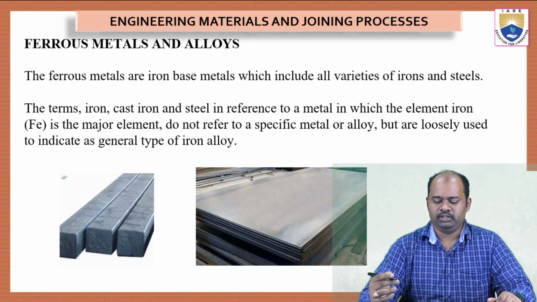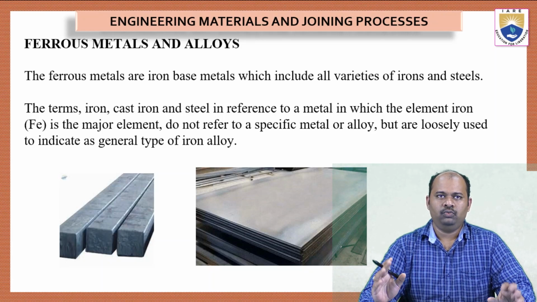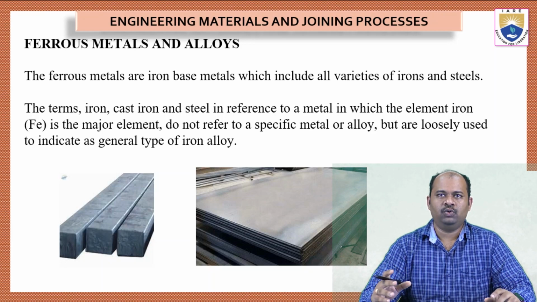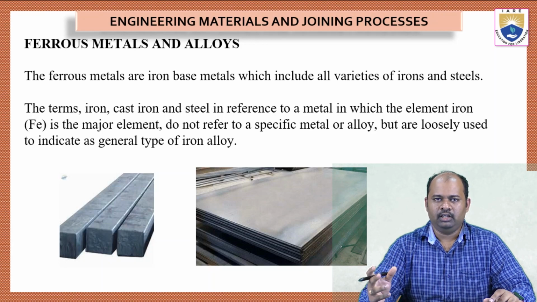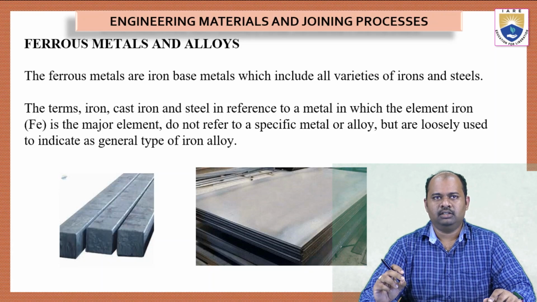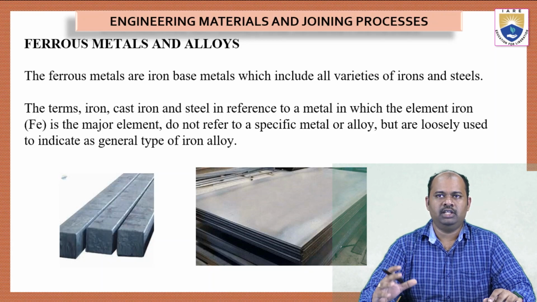Now, let us see the basic definition of ferrous metal. Ferrous metals are iron-based metals which include all varieties of irons and steels. Any metal that contains even a very small proportion of iron can be called a ferrous metal. The terms iron, cast iron and steel refer to metals in which the element iron is the major element.